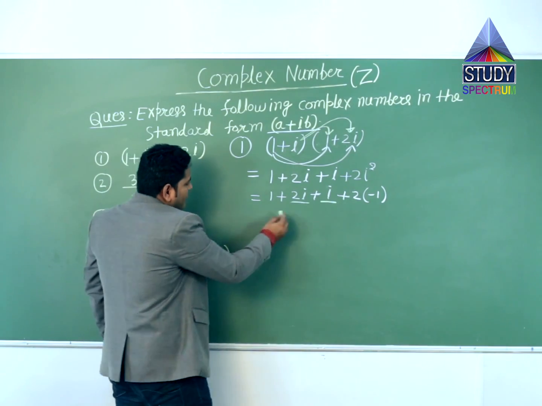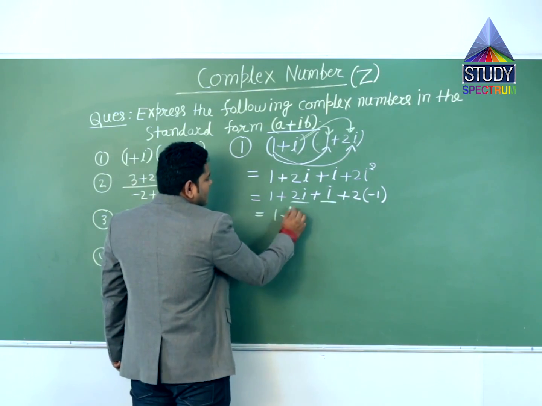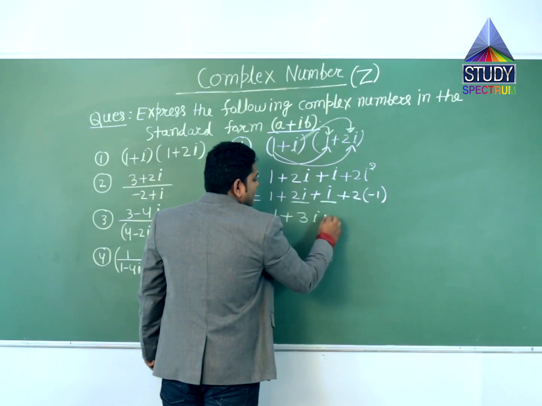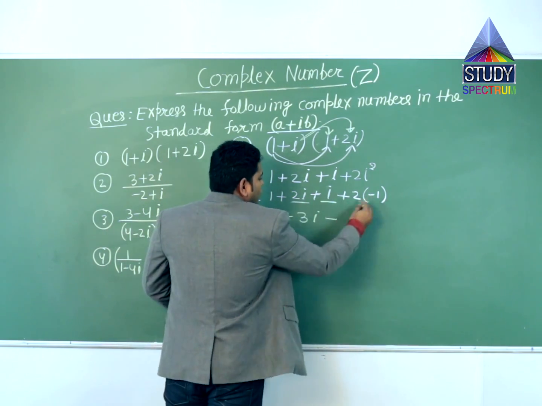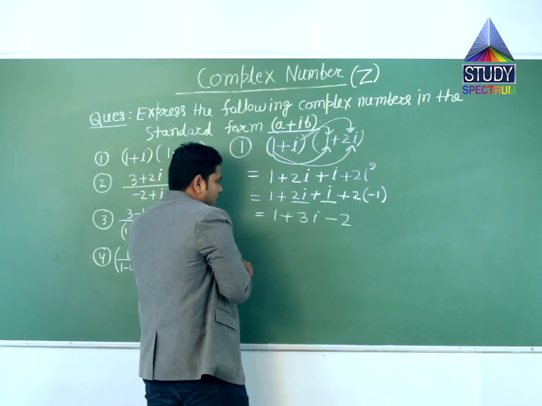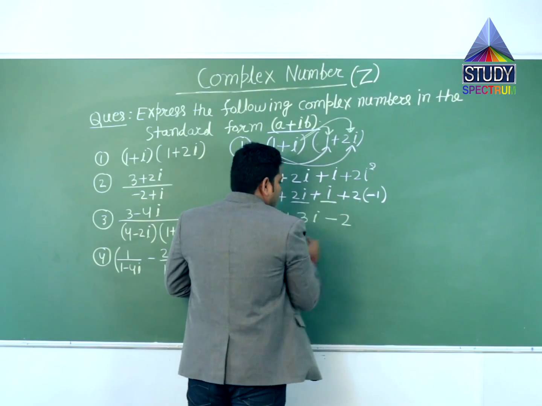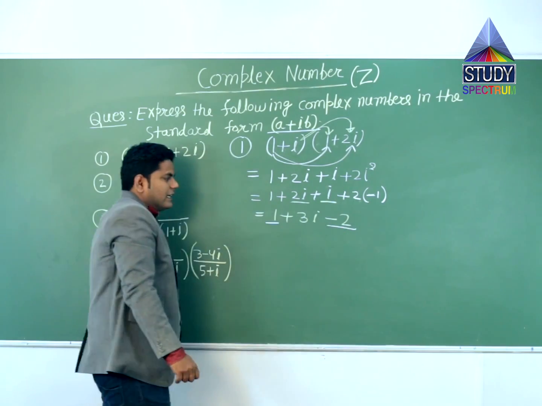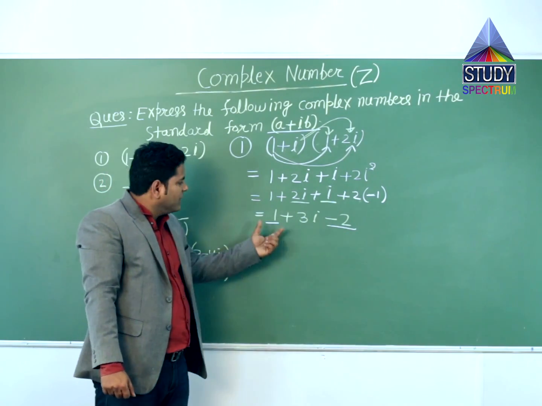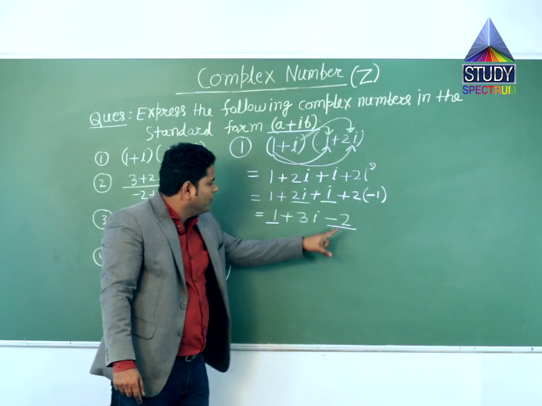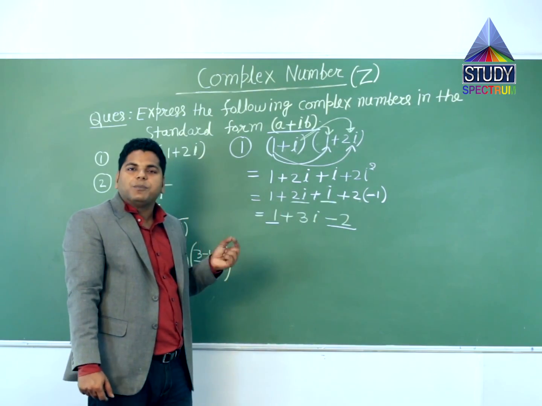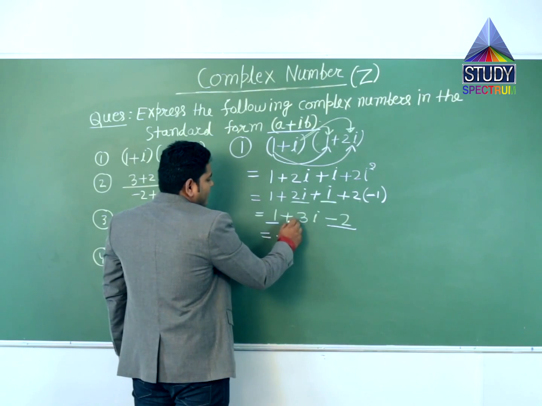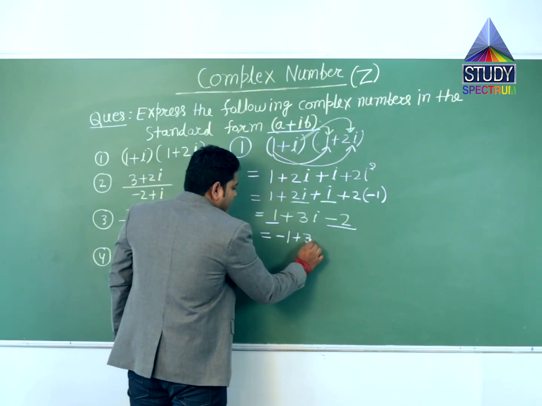So it will be 1 plus 2i plus i is 3i, and plus into minus is minus, and 2 into 1 is 2. This is minus 1, i square is minus 1. So 1 minus 2. Here both numbers have opposite signs, so we'll subtract. So 2 minus 1 is 1, and we'll put the sign of the larger number, so it will be minus 1, and we have plus 3i, so we'll write plus 3i.